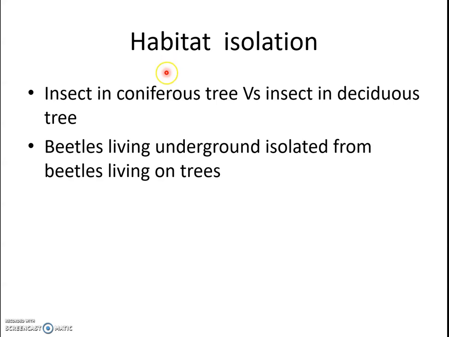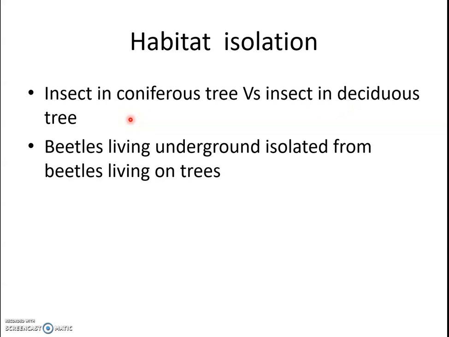When we discuss the examples, you may have much more idea. One example is insects which live in a coniferous tree cannot interbreed with insects living in the deciduous tree.